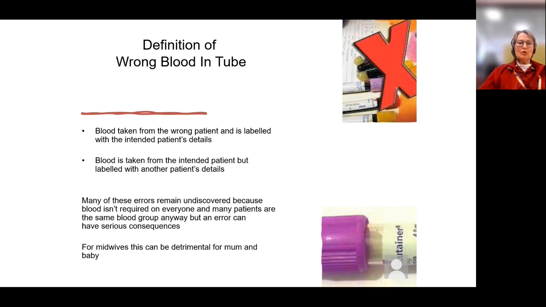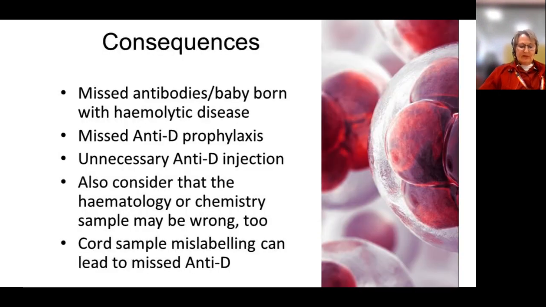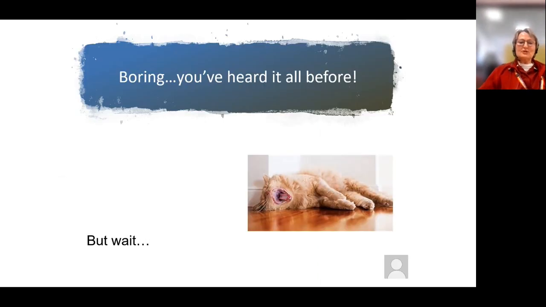And if it was the wrong cord, with the wrong details on the bottle, maybe the woman should have had anti-D. So the consequences of wrong blood in tubes and mislabelling can be very serious and affect both mum and baby. You've heard it all before, we know, but wait, because actually we want to look at this problem from a different perspective today.